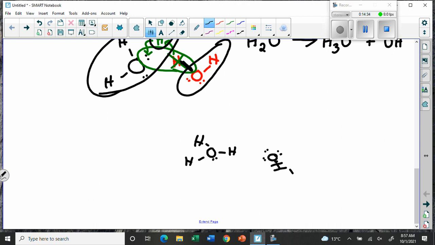So now they bump back into each other, and this H says, oh, okay, maybe I'll go back over here now. And when he does, you have the OH minus and the H3O plus. Now, guess what you make? You make a water molecule, a normal water molecule.